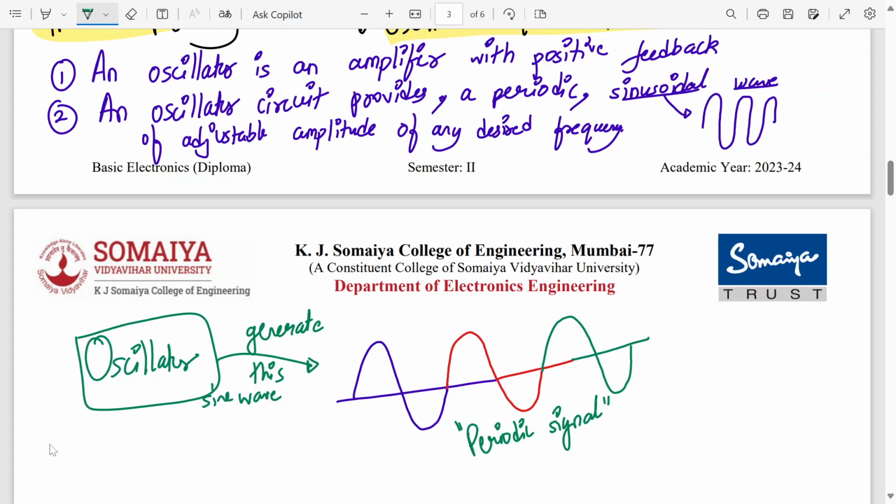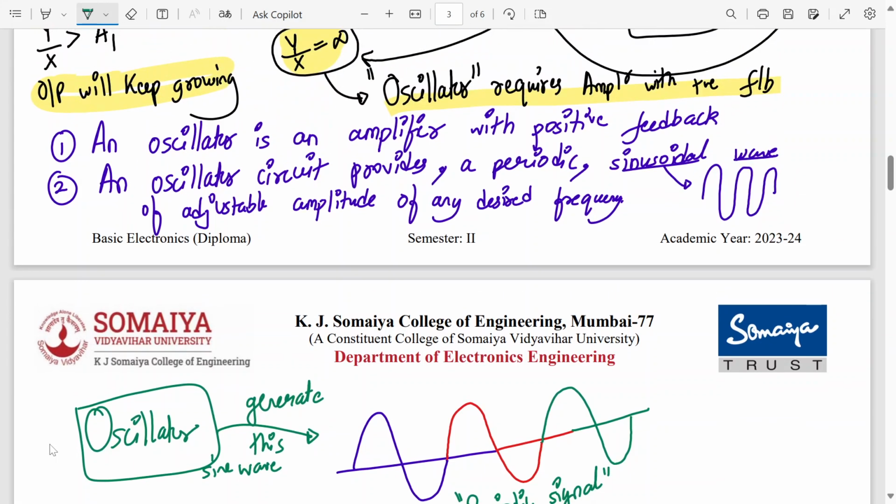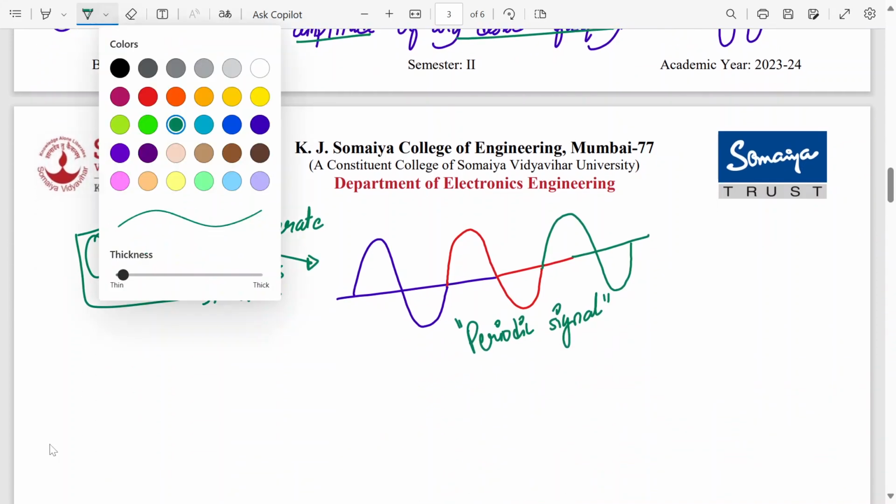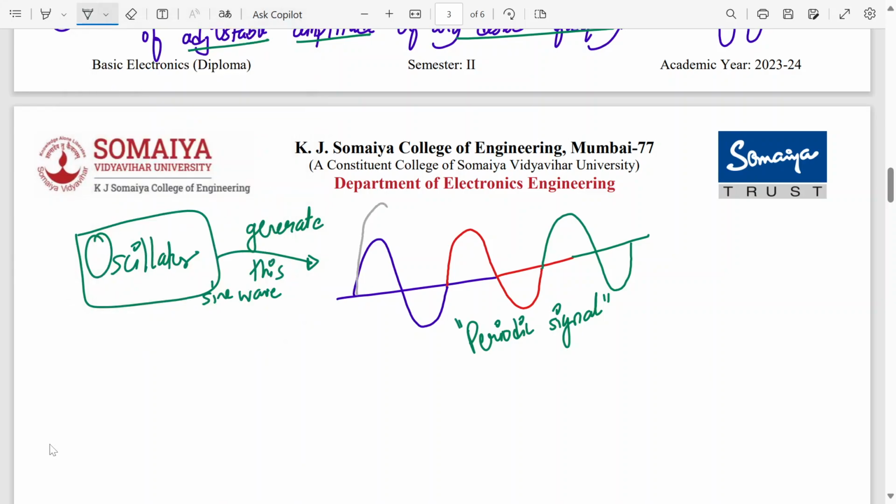What happens with an oscillator circuit? It generates this kind of waveform. Are you understanding? So what is the definition of an oscillator? An oscillator circuit provides a periodic sinusoidal wave of adjustable amplitude and desired frequency. You can adjust the amplitude of this waveform. We can make it larger like this.